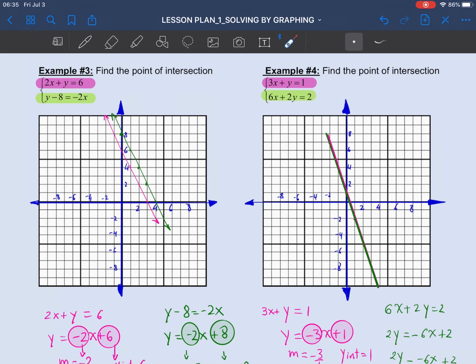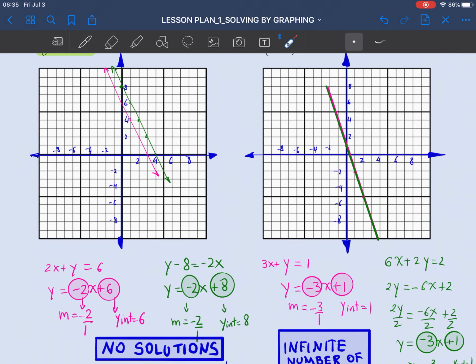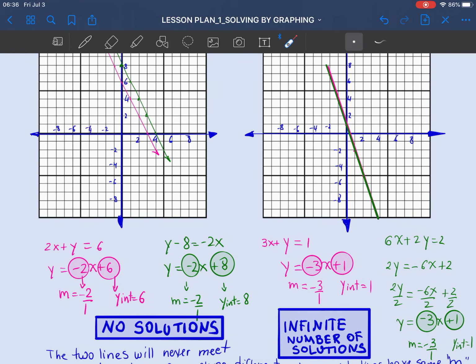The last example is example 4. Example 4 has two equations, 3x plus y equals 1, and the next one, 6x plus 2y equals 2. Again, equations are not in slope-intercept form, so we'll convert 3x plus y equals 1 by isolating y.